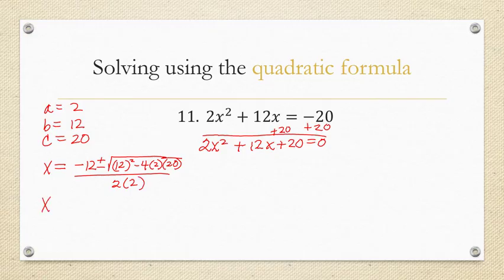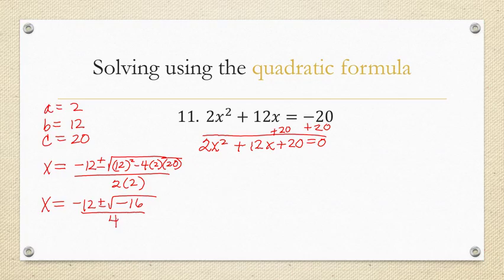All right, here we go. Negative 12 plus or minus. Okay, let's see what 12 squared minus 4 times 2 times 20 is. Negative 16 all over 4.